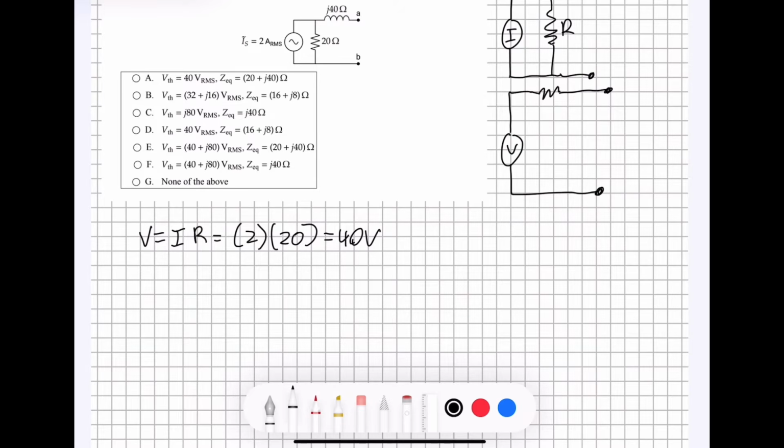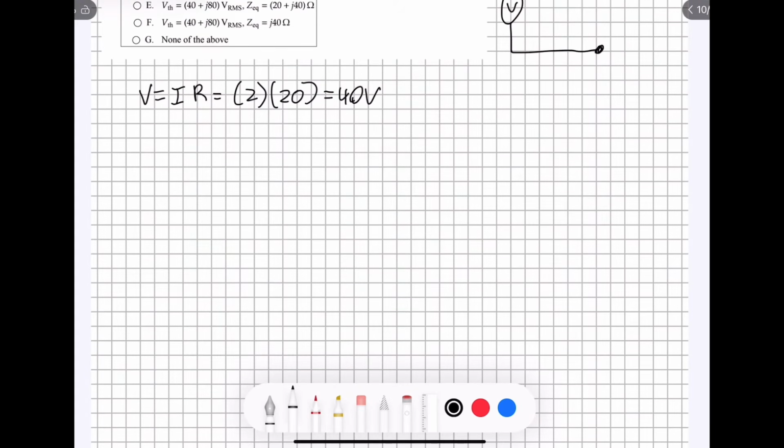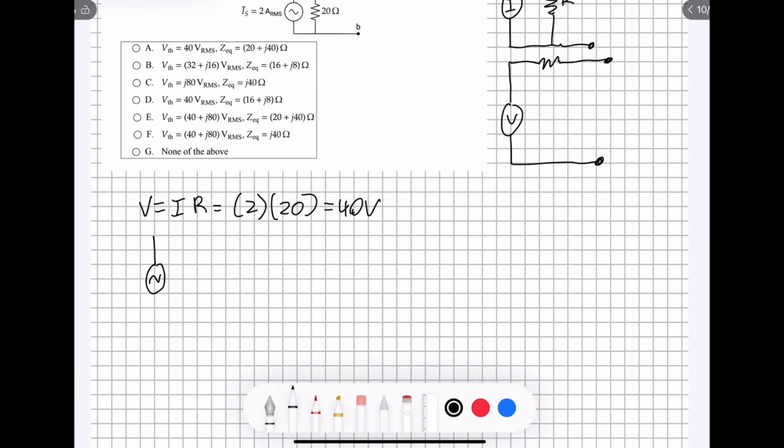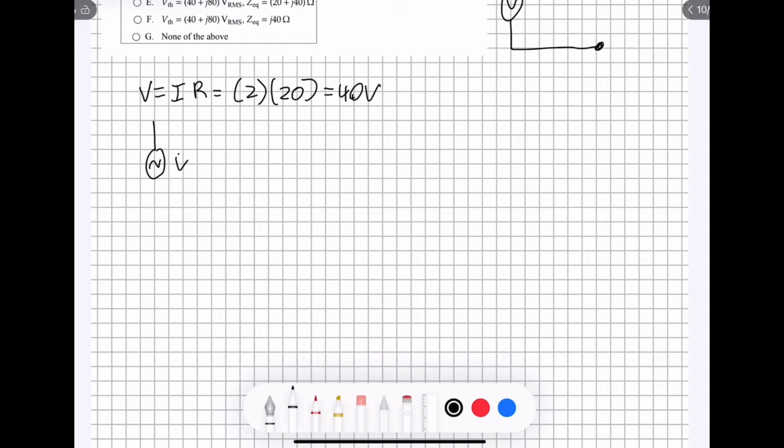Now we can redraw the circuit to be in Thévenin form, except this is actually a sine, of course, so it'll look something like this.